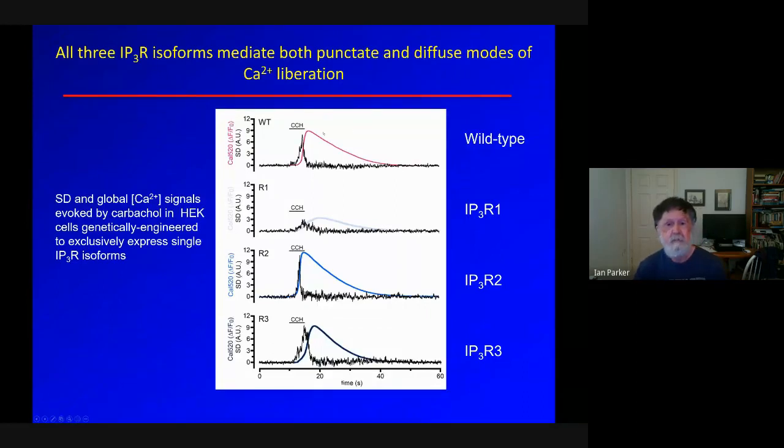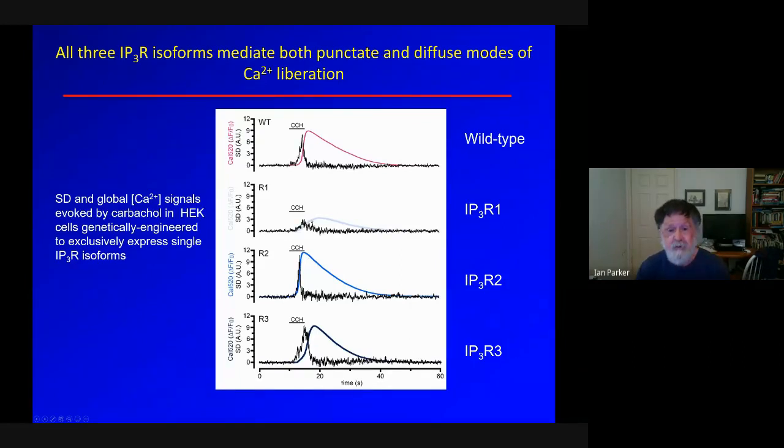One thought was, if we have these two different modes, could it be different isoforms of IP3 receptors mediating these two modes? The answer there is no. All three isoforms seem to mediate both modes of release. Here we're using HEK cells engineered by David Ewell, cells which express exclusively type 1, type 2, or type 3 IP3 receptors.